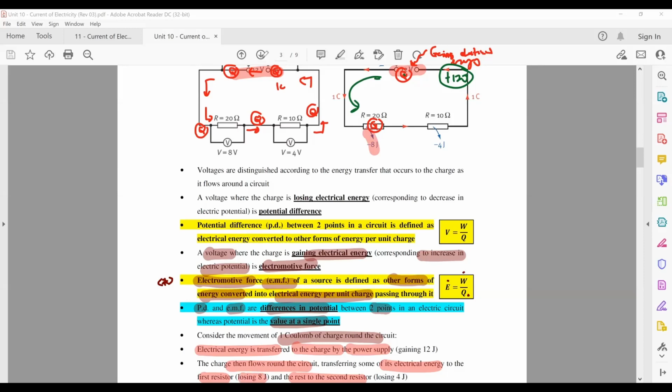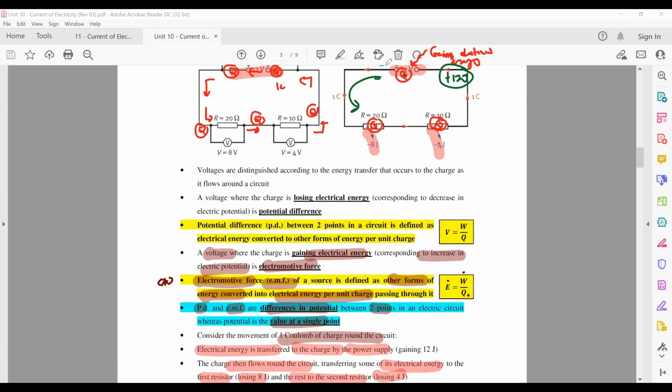Then it continued to move until the second resistor, where it lost more energy, this time 4 joules. So during this time when it kept losing energy and gaining energy, electrical energy specifically, that is what causes changes in potential.